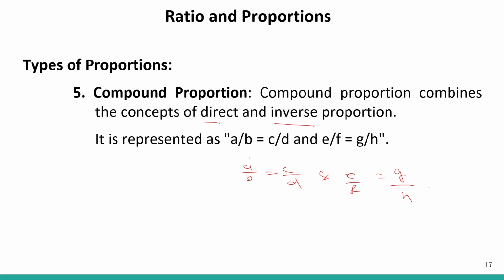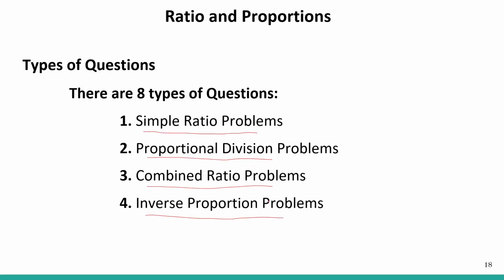Compound proportion was A by B is equal to C by D and E by F is equal to G by H. Compound proportion combines the concepts of direct and inverse proportion, connected in one. That kind of concept is called compound proportion.